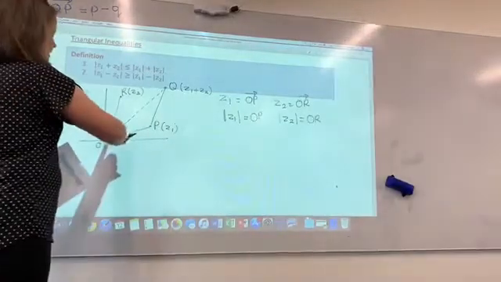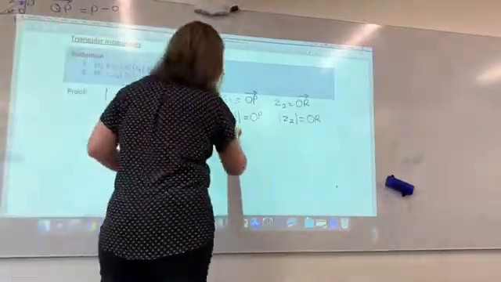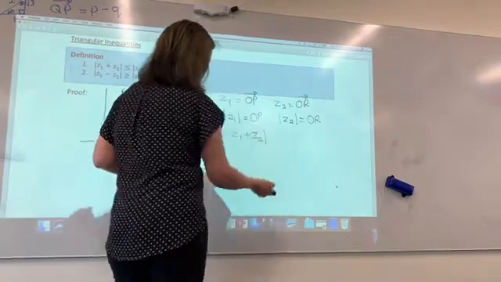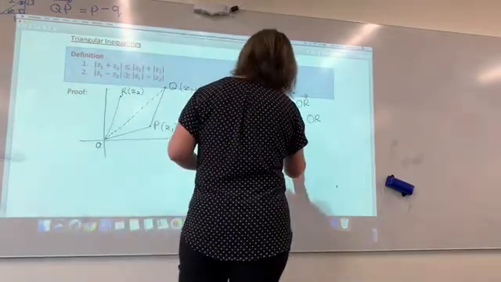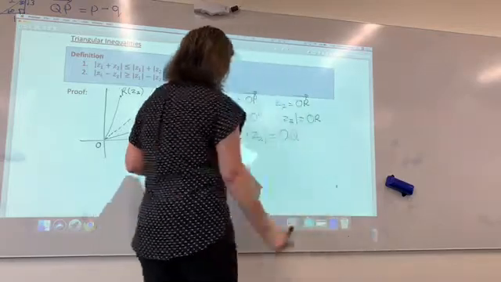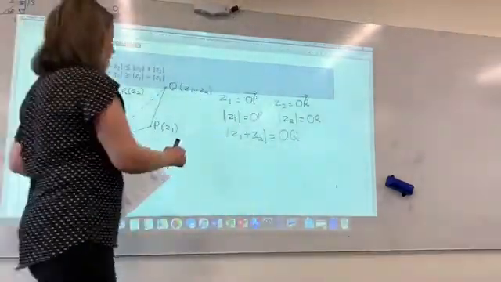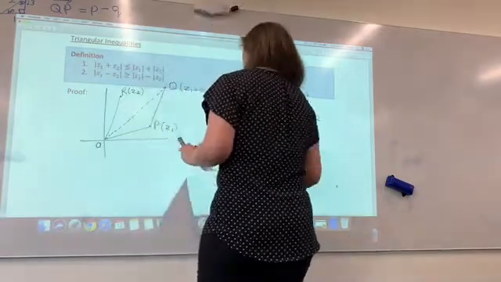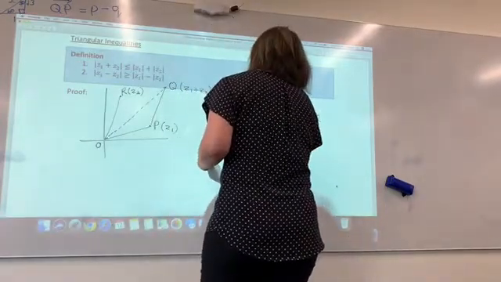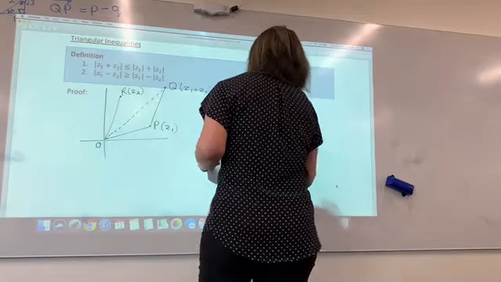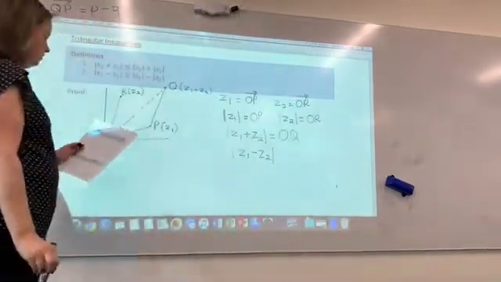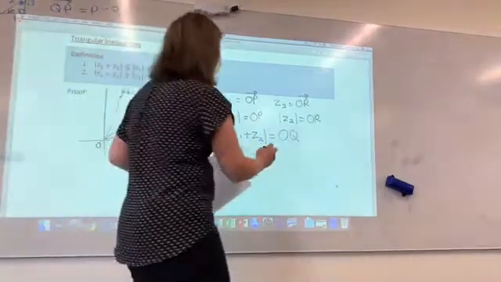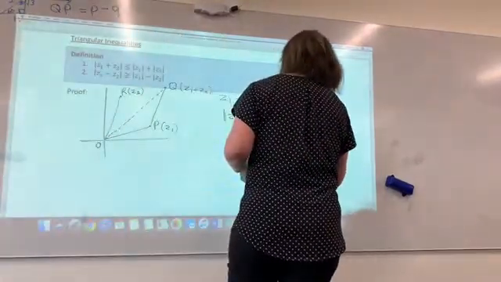So this distance in here, mod Z1 plus Z2, is equal to OQ. And likewise, if we look at the distance between Z2 and Z1, so Z1 minus Z2, that's equal to RP.